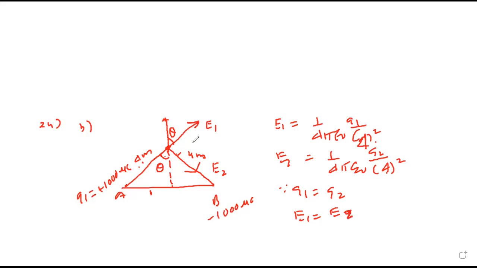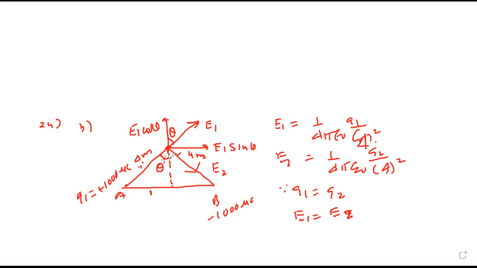See, as I said, this is theta, this will be theta. I selected this because I know the opposite side and I know the hypotenuse, so I selected this angle. Now this E1 will have two components, E1 cos theta and E1 sine theta.